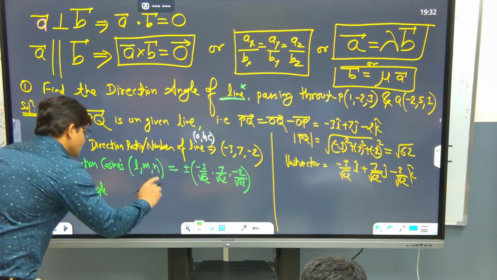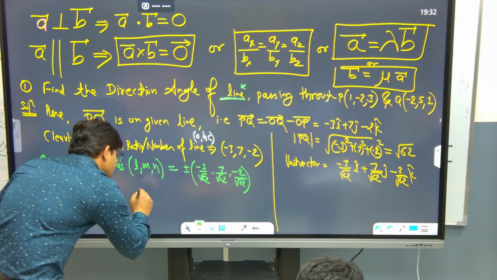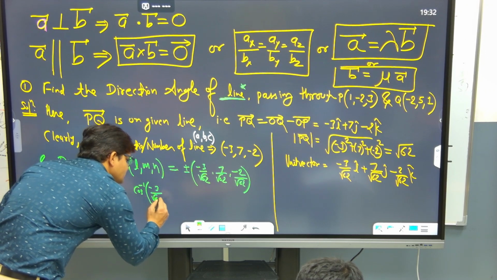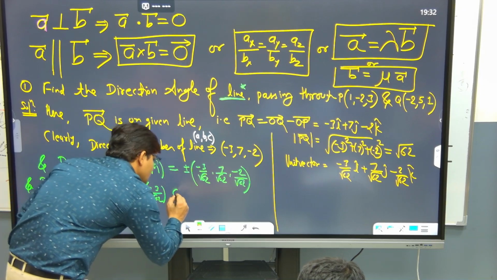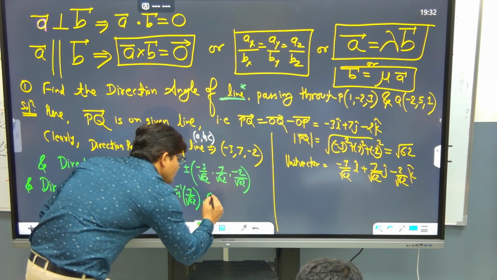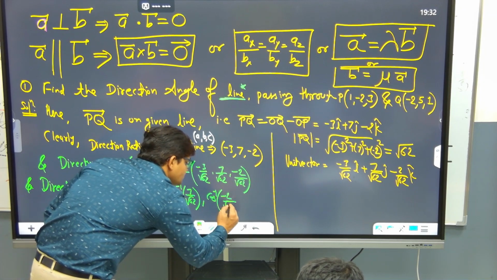And direction angle is what? Now check. Our first value is cos inverse of minus 3 by root 62, then cos inverse of 7 by root 62, and cos inverse of minus 2 by root 62.